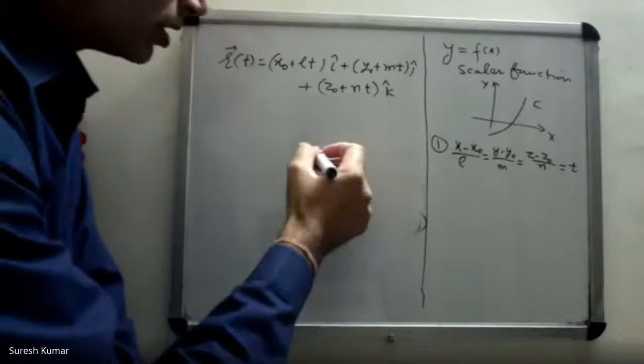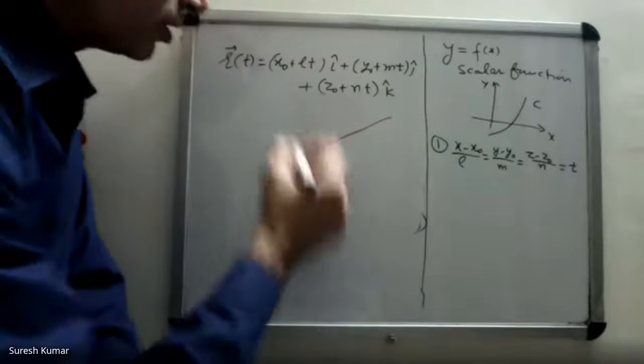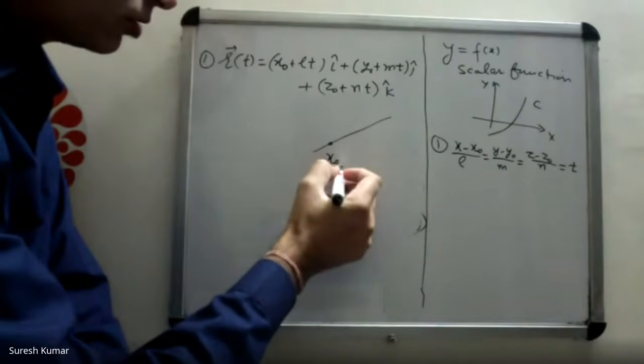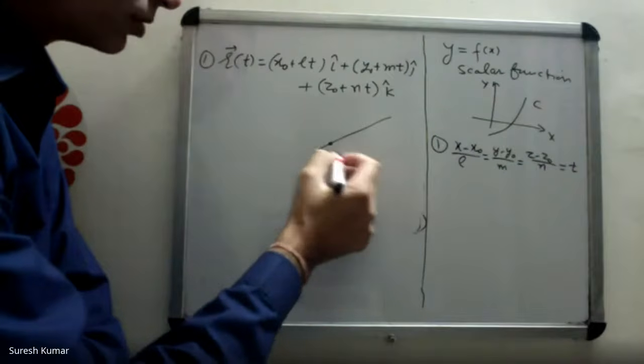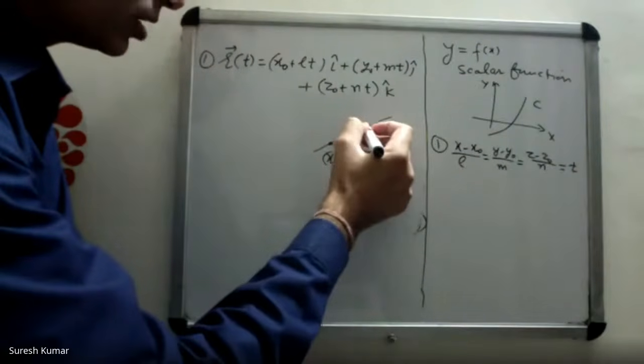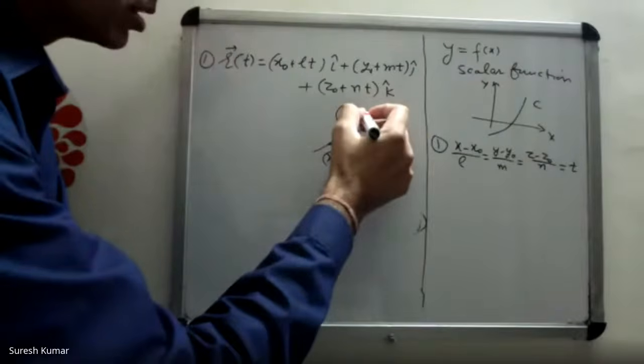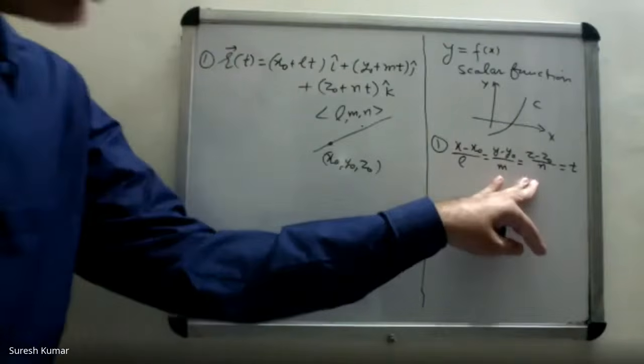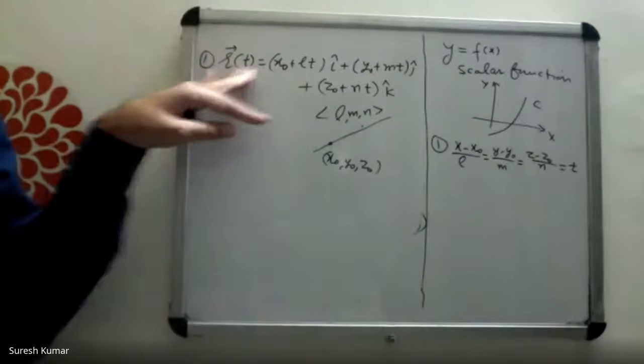And you know it is a straight line passing through the point (x0, y0, z0) and having direction ratios or direction cosines l, m, n. So you are familiar with this curve, and we have represented this by this vector function.